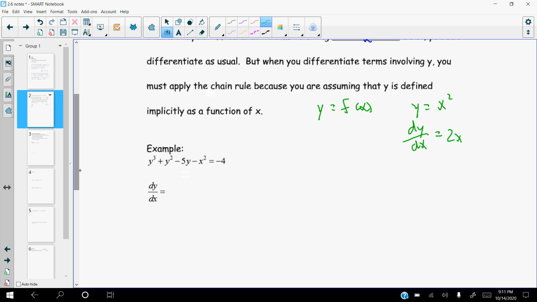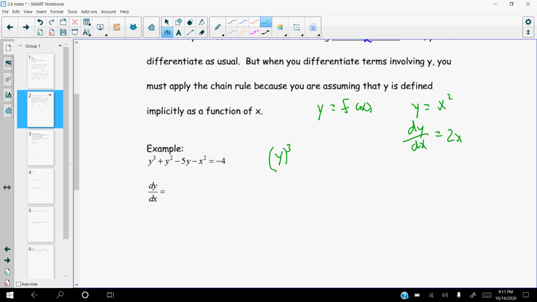What we have to think about here is that we've got y cubed plus y squared minus 5y minus x squared equals negative 4. We're going to take the derivative of both sides of the equal sign. The y cubed part technically is y in parentheses cubed, because y itself is a function of x.